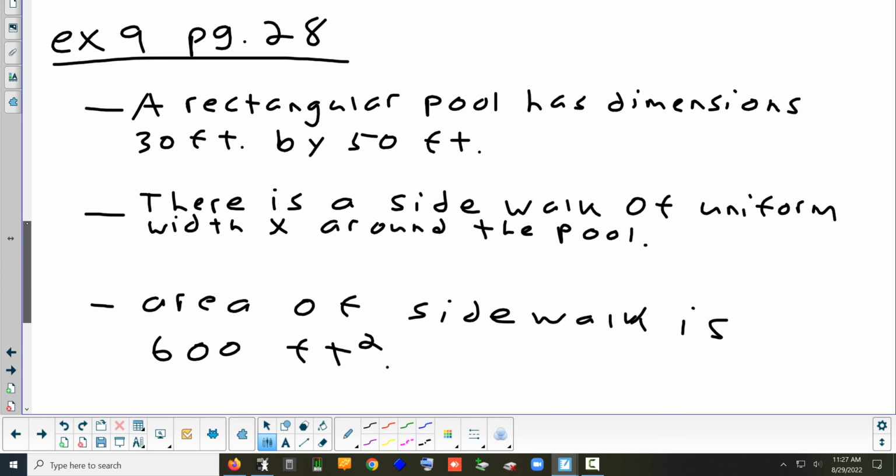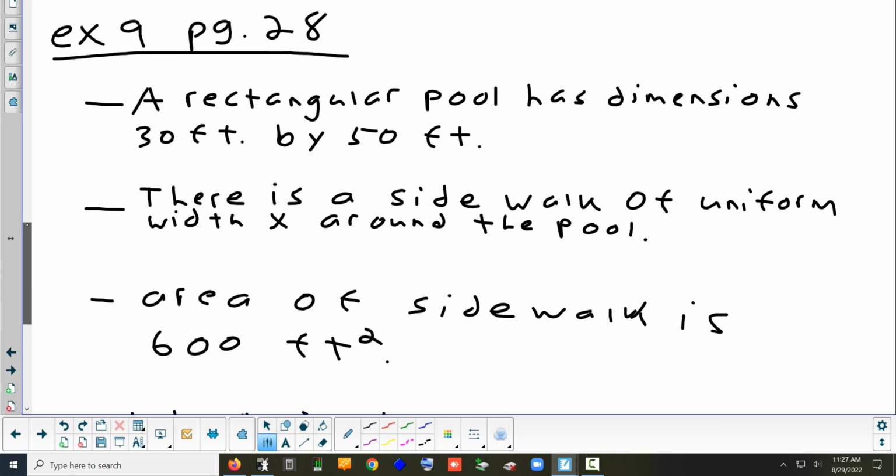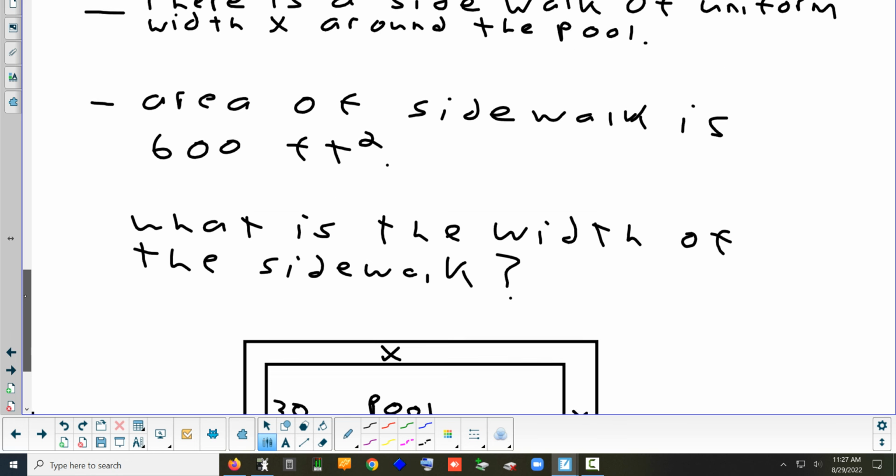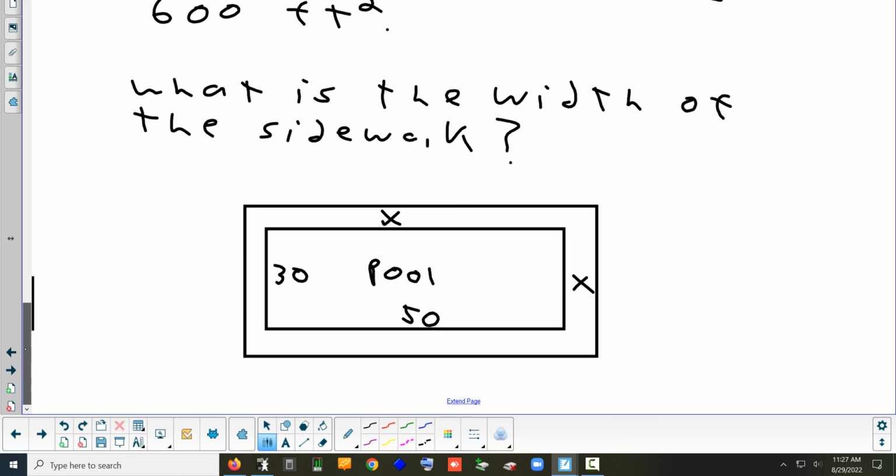And it says that the width of the sidewalk is X. I'm not going to label it everywhere, but it's X all the way around each side of the sidewalk. The area of the sidewalk is 600 square feet. I'll call that A sub S, area of sidewalk. What's the width of the sidewalk?